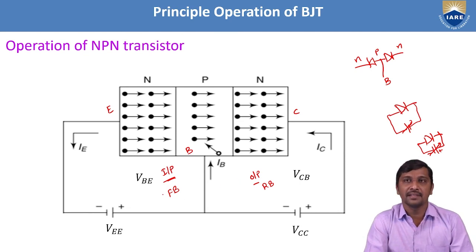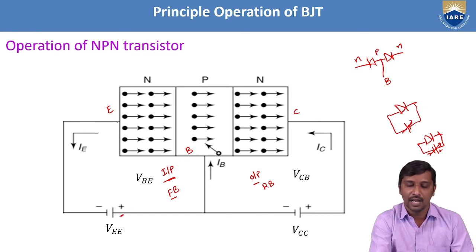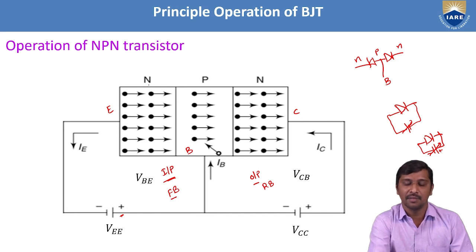So how are we going to make this low resistance? Now we need to make it forward biased. Here the base is P-type material, so the P is connected to the positive pole of the battery. The emitter is N-type material, hence the N type is connected to the negative pole of the battery.